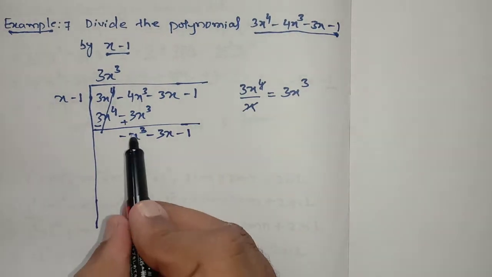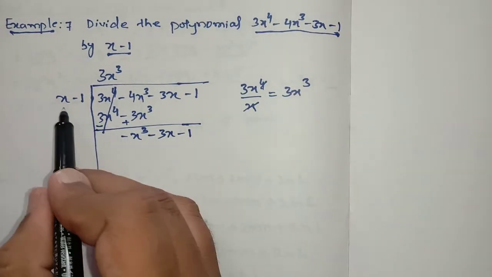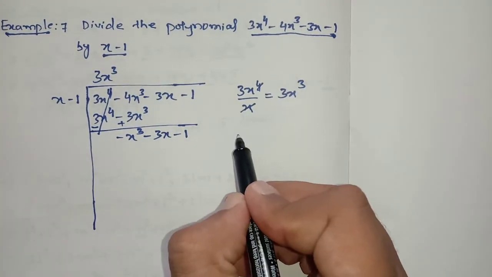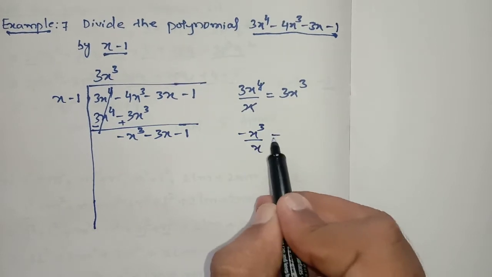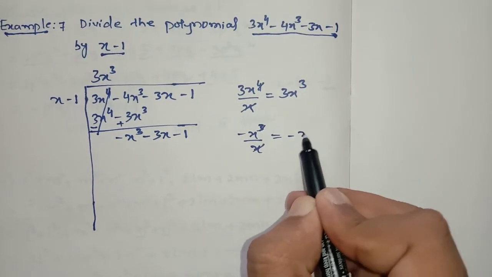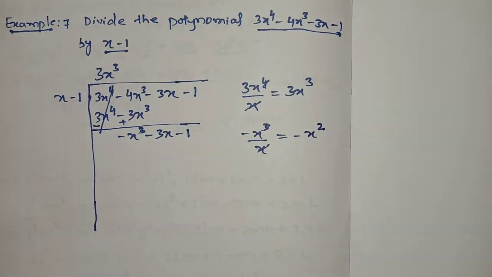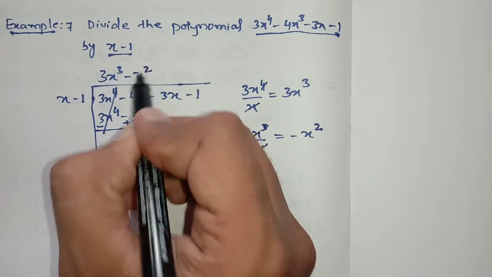Now again, whatever remains, the first term of that divided by the first term of the divisor: minus x cube divided by x. Here again 1x and x get cancelled. Minus x square will remain. So this minus x square has to be written here.